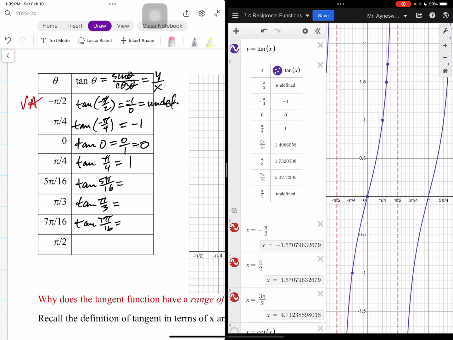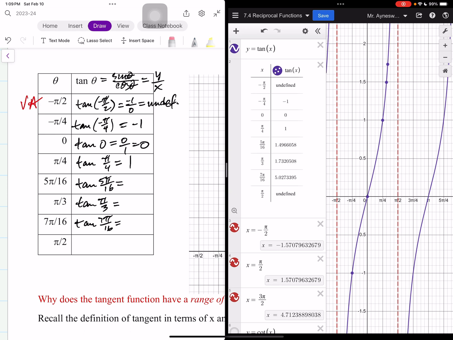Click on it. Convert your function to a table and then simply type in your angles and you'll get all these values. Okay, and we need these values here. So pause the video now, go ahead and do that. And then I also put in my vertical asymptotes in here too. I want you to do that as well. And that way we can have a little discussion, okay?